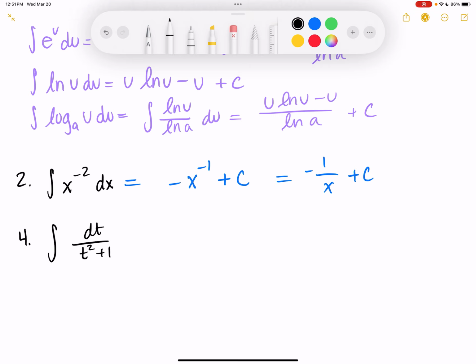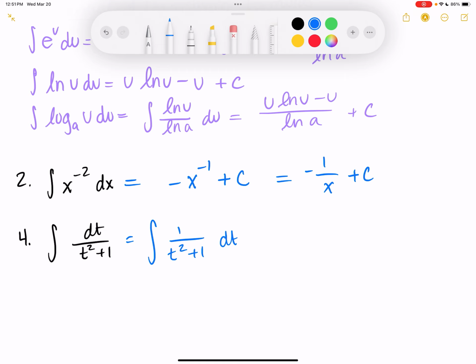How about if I rewrote it like this? Do we know what it is now? Or what it looks like?